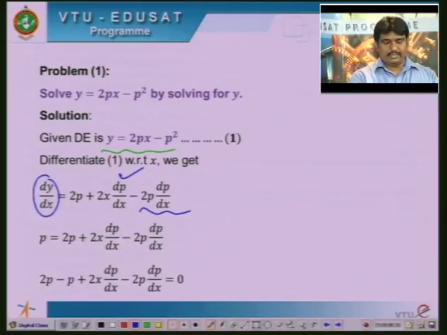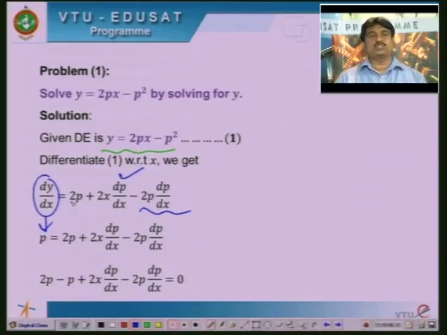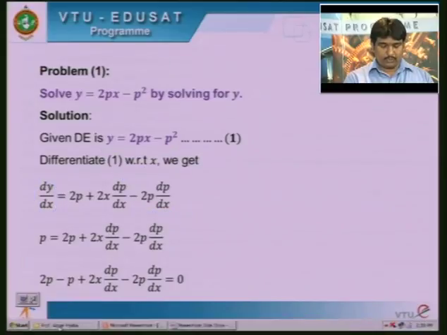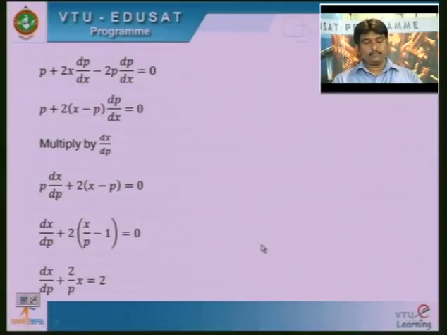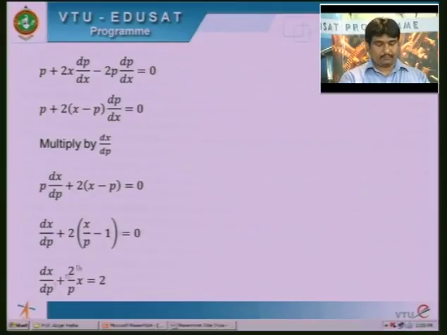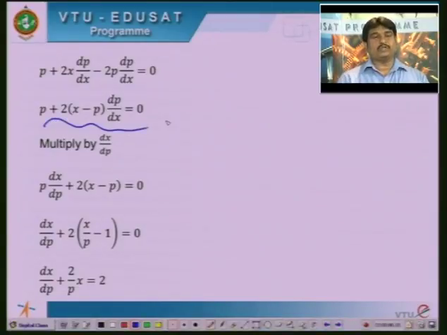Write dy by dx as p equals to 2p plus 2x into dp by dx minus 2p into dp by dx as it is. You simplify this to get 2p minus p plus 2x into dp by dx minus 2p into dp by dx equals to 0. After simplifications, you get p plus 2 into x minus p into dp by dx equals to 0.